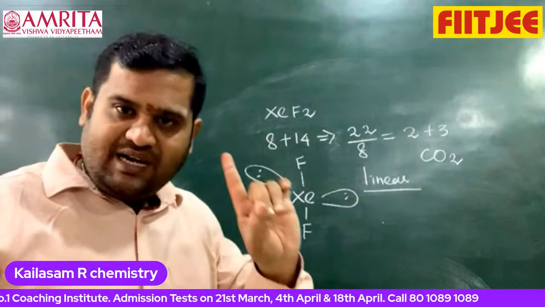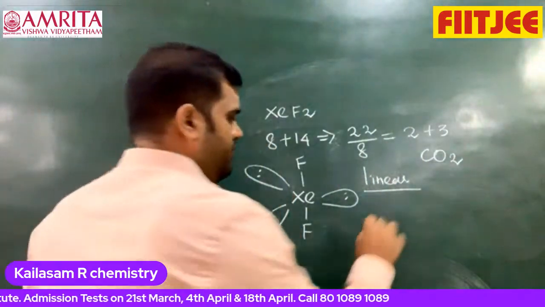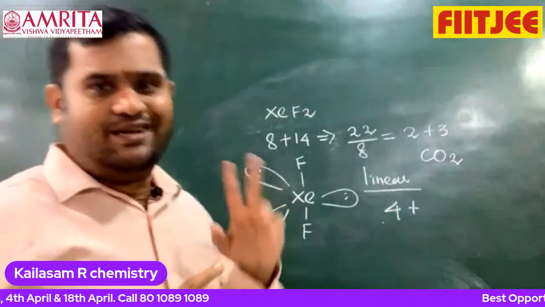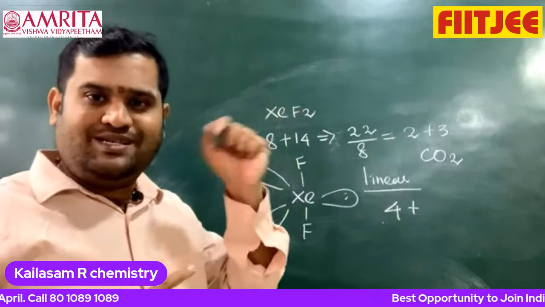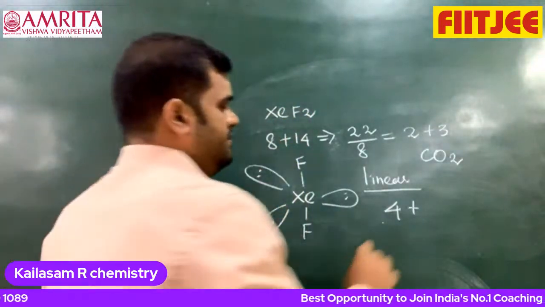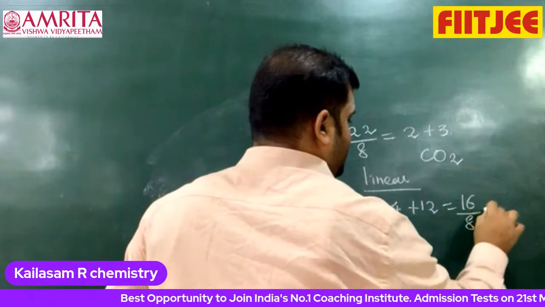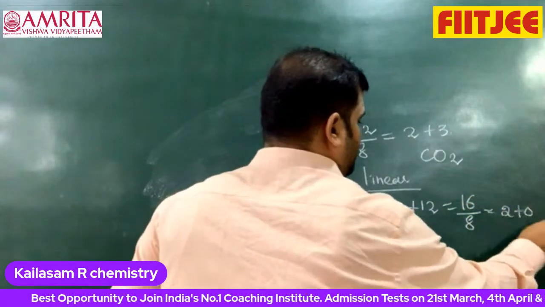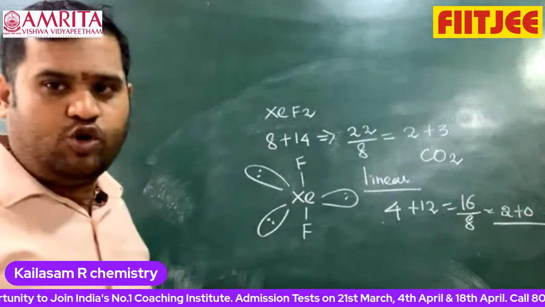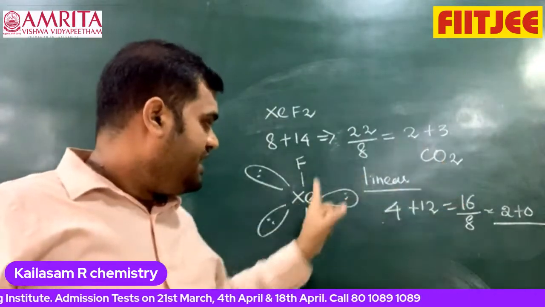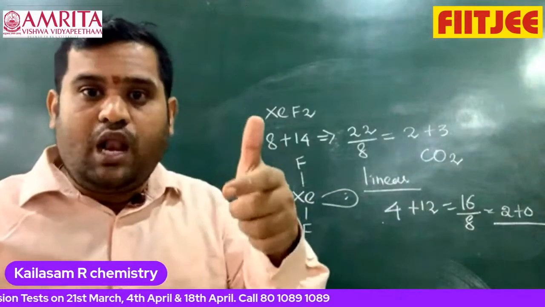The valence electron of carbon is 4, plus oxygen. How many oxygens are there? 2. Valence electron of oxygen is 6. 6 2s are 12. 16 by 8, 2 plus 0. That means 2 bond pairs, 0 lone pair. That means linear. Then we can say CO2 and XeF2 are isostructural.